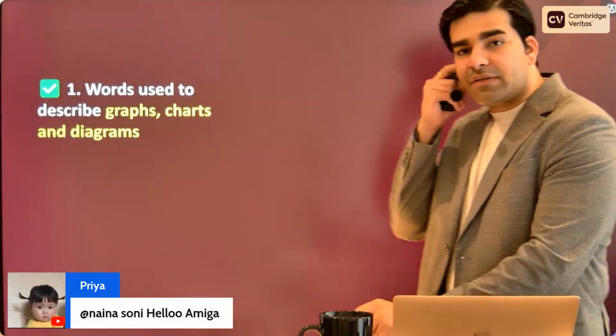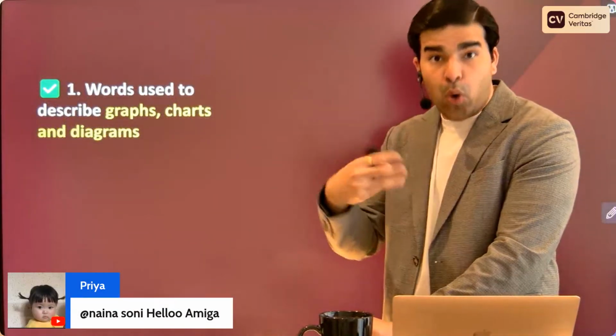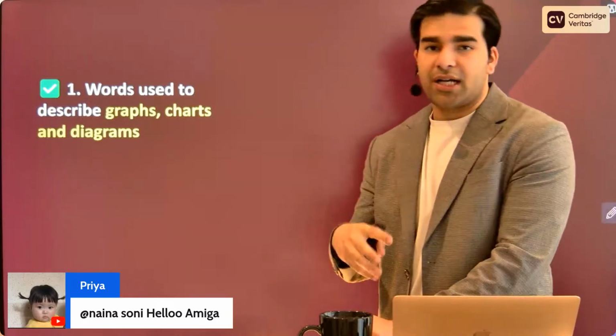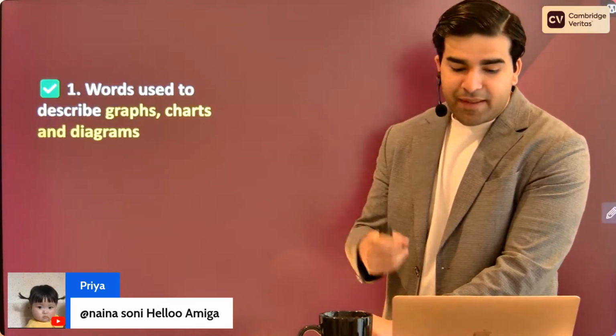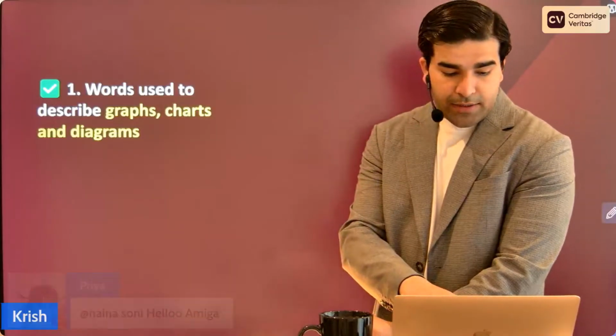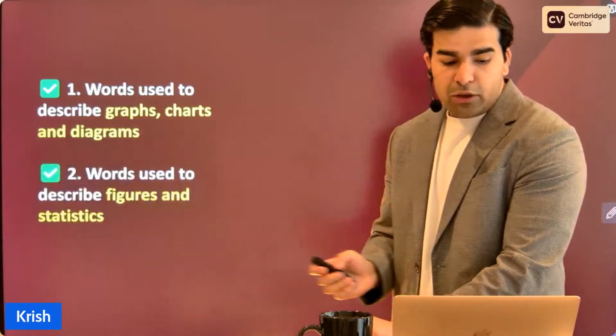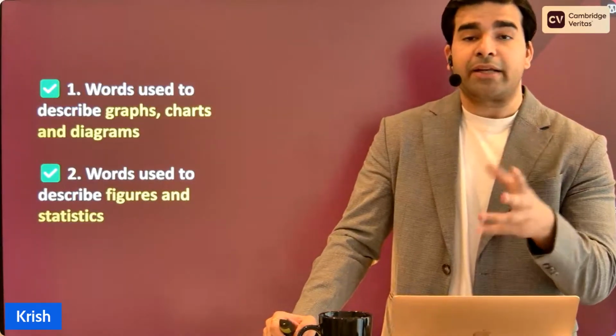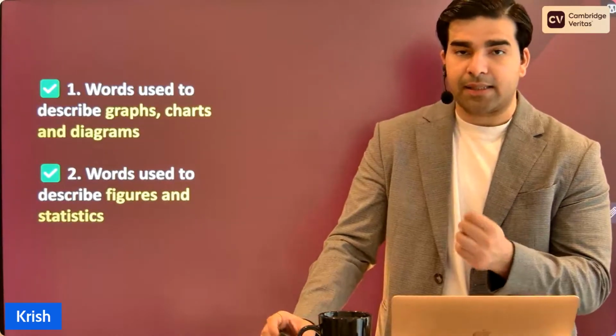In this lesson, first of all, we'll understand some words that are used to describe graphs and charts and diagrams. After that, we're going to be looking at some different words that are used to describe figures and statistics.